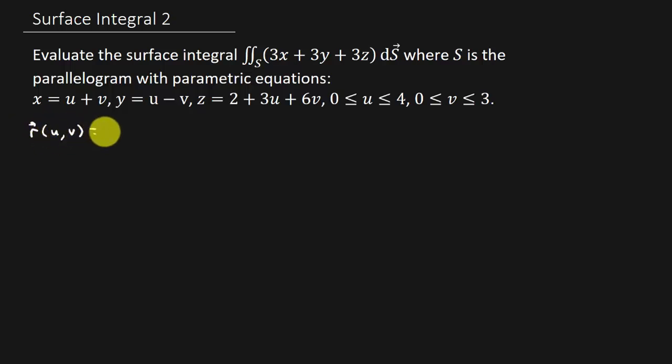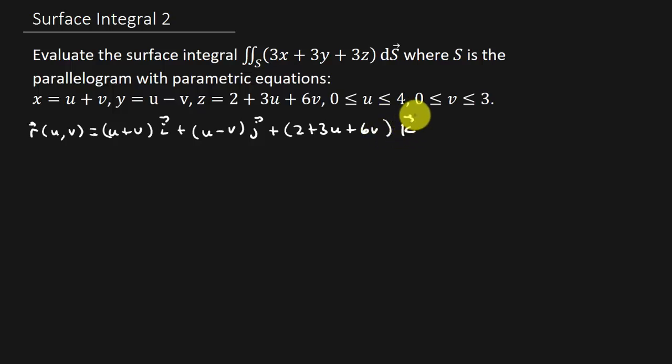So we can go ahead and write that r of u, v is equal to (u plus v) i plus (u minus v) j plus (2 plus 3u plus 6v) k. All right, so there's r.